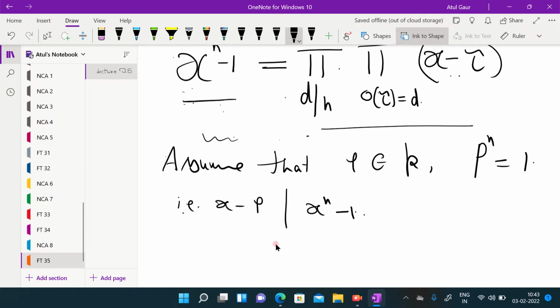It will have some order, right? Order of rho will be, because rho power n is 1, so it has to divide, let's say order of rho is d, then d has to divide n. Is that fine? That is fine, so that means what?